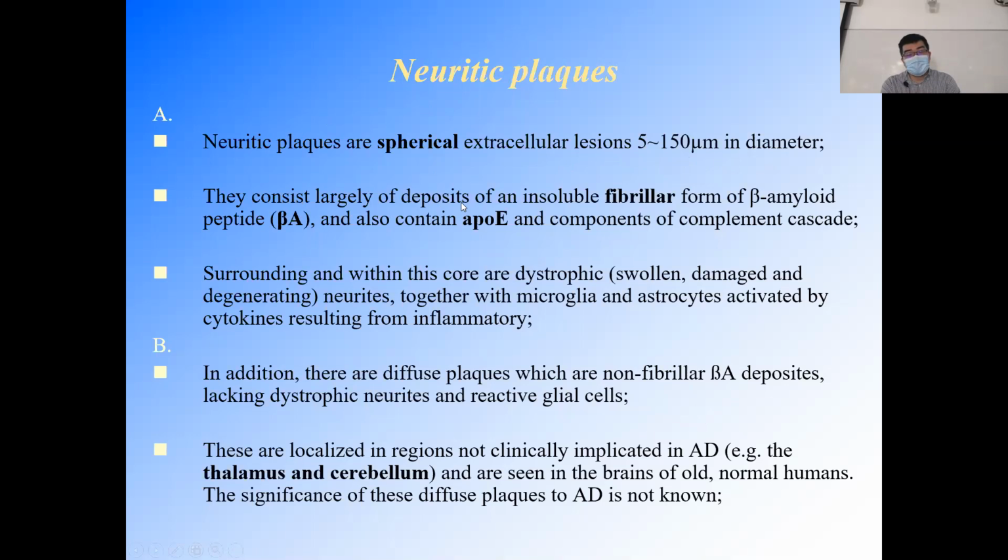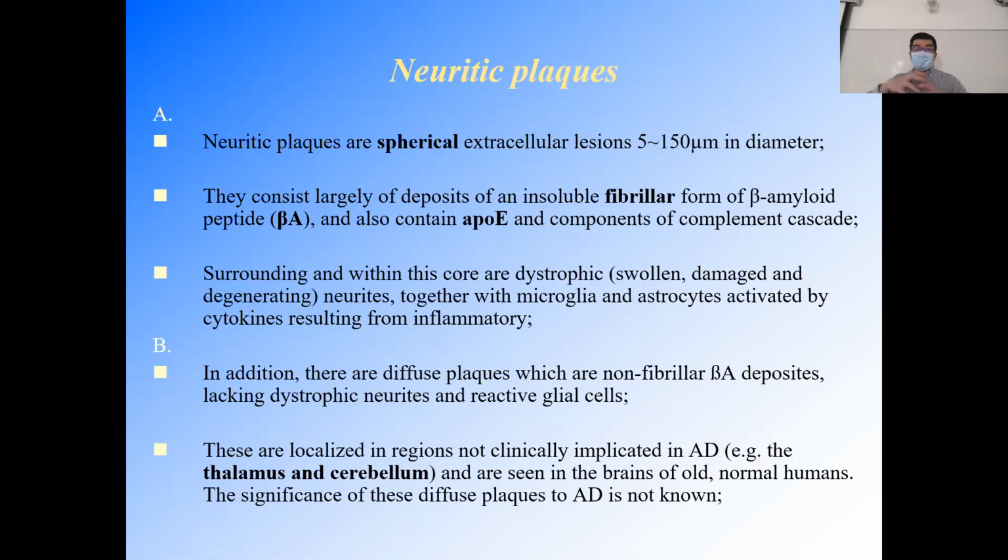They are usually deposits of an insoluble fibrillar form of beta amyloid, A beta, okay, beta amyloid or A beta. And sometimes it contains ApoE and components of the complement cascade. So that means that there might be some inflammatory response around those regions.